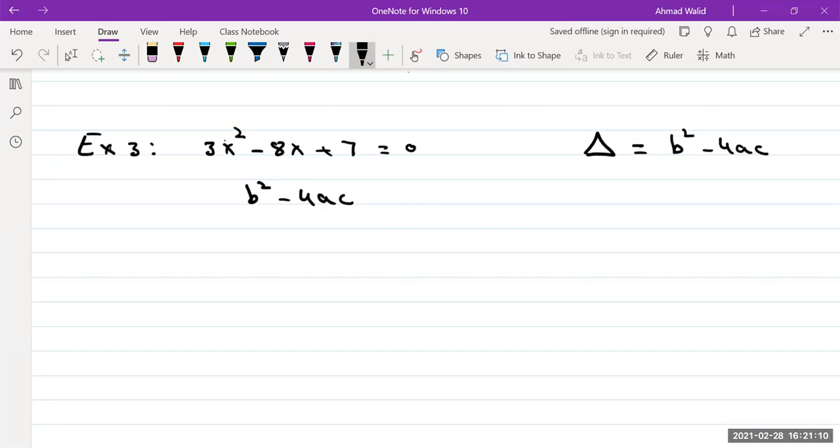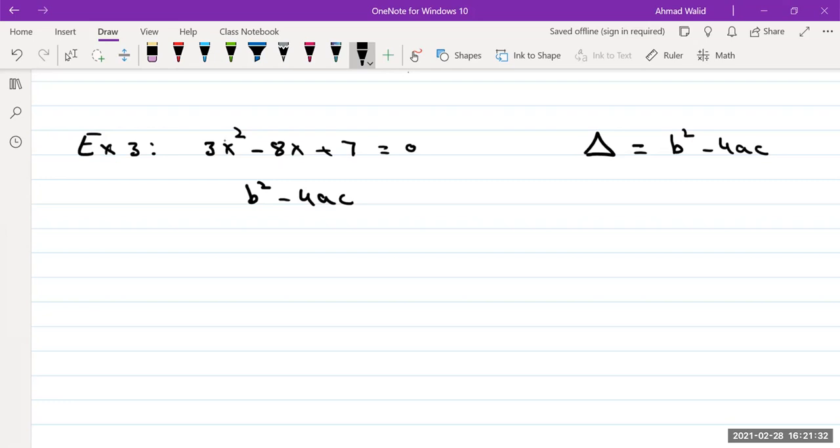But in other countries, I saw some books using delta, this triangle, as a symbol to represent the discriminant, correct? It doesn't matter if you use this sign or not.